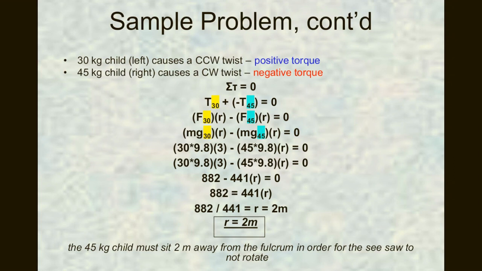If it helps, use A and B instead of their numbers, because I have seen students go, 30 times 9.8, and then they see that little 30 again, and they multiply by 30 again. That is not something you want to do. So those 30 and 45 that are highlighted were just for identification purposes, and subscripts never get used in our actual equations.